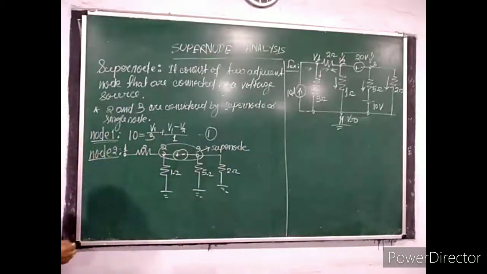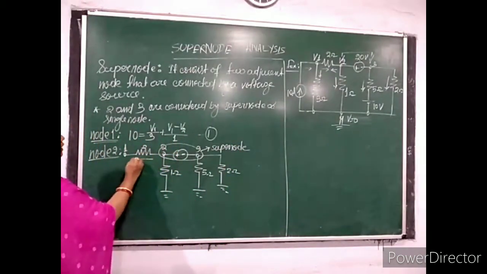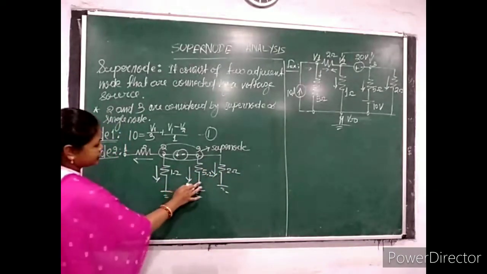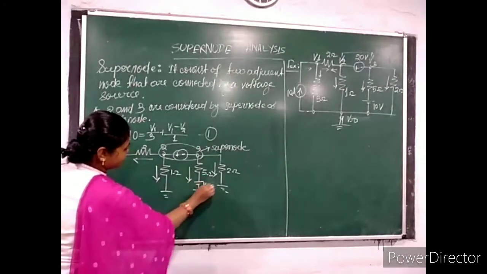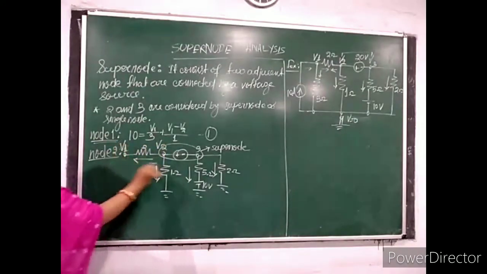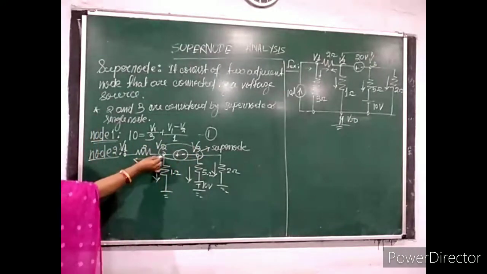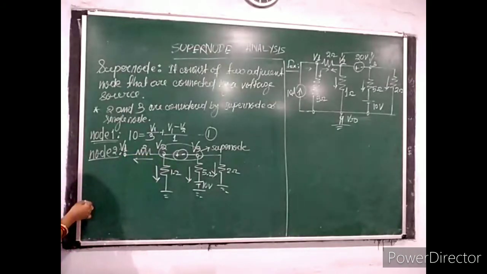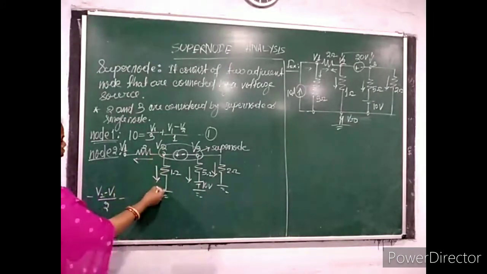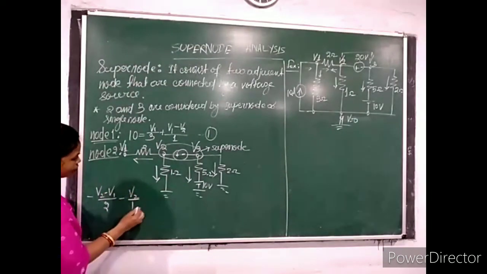If you assume it as a source node, all the currents are outgoing like this. Here a 10 volt source is there. Okay, so what is the nodal voltage equation? Here I consider the voltage V2, here V1, here V3. Through 2 ohm, the current flowing is V2 minus V1 by 2. Then through 1 ohm, it is V2 by 1.